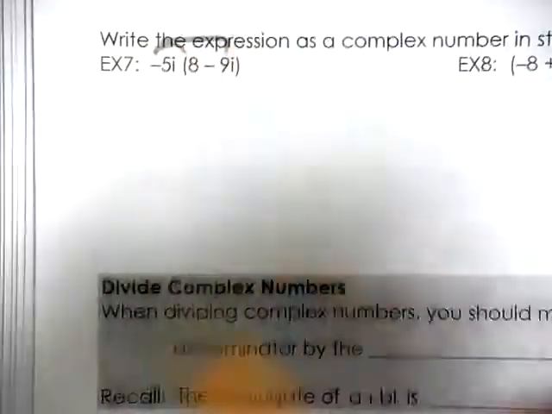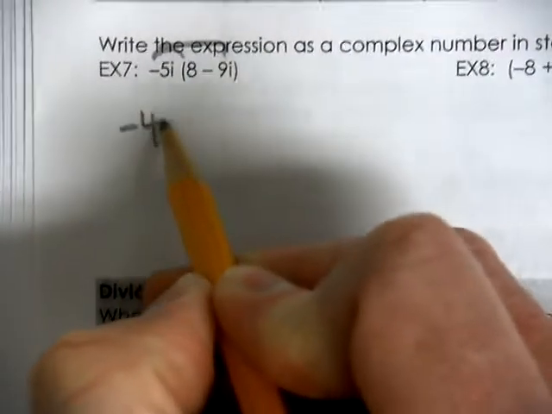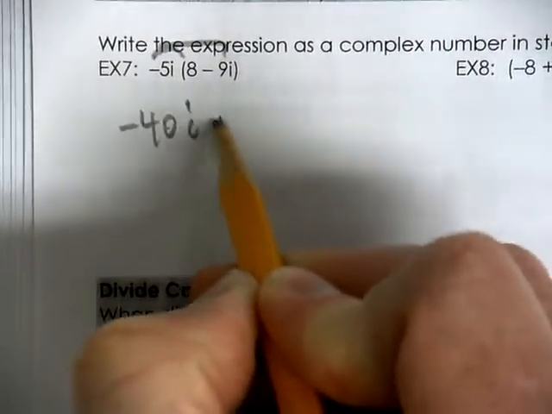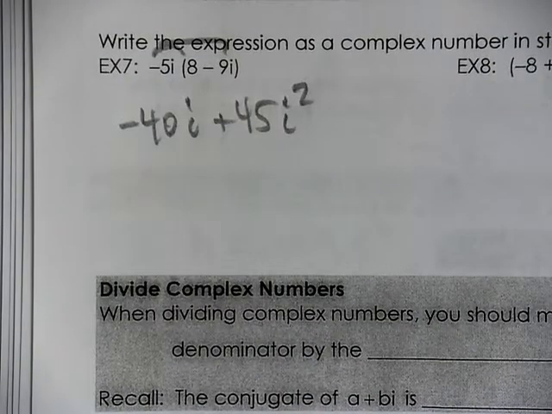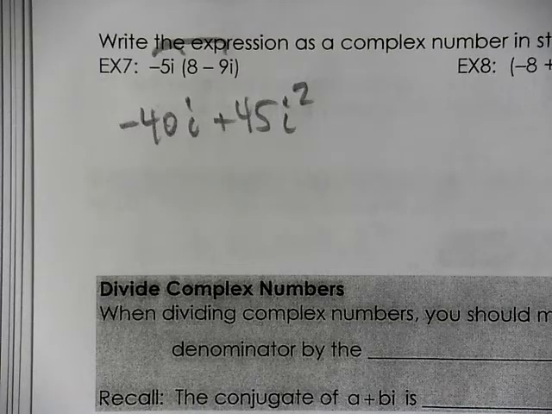So we're going to distribute, get -40i and positive 45i squared. And there it is. There's your i squared. It's not proper to leave it like that.